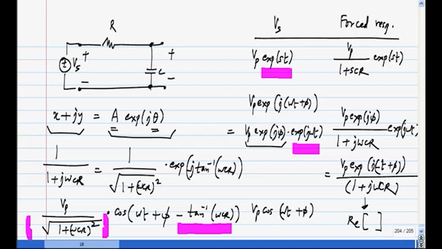Very small is compared to 1 by RC. So if omega CR is much smaller than 1, the output amplitude is Vp. If it's much more than 1, it's inversely proportional to omega. We will look at these things later when we discuss sinusoidal steady state response in more detail. This is known as the sinusoidal steady state response because it's the steady state response to a sinusoidal input.